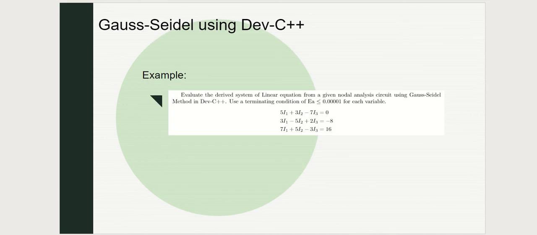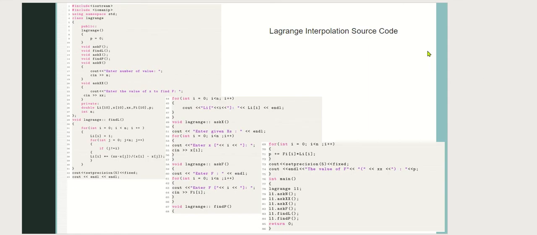Then lastly, for the Lagrange Interpolation method, so this is the source code. This is a more complicated program because the program uses the class syntax here, and it uses different functions, different voids. But again, we have different inputs.